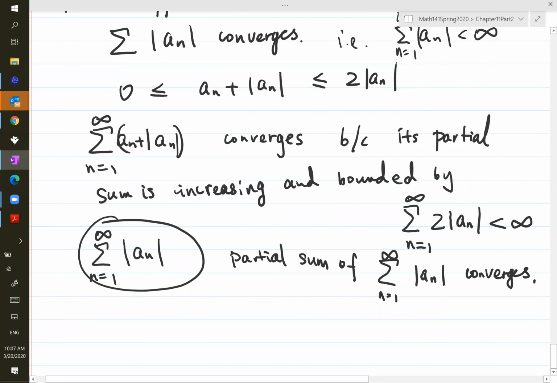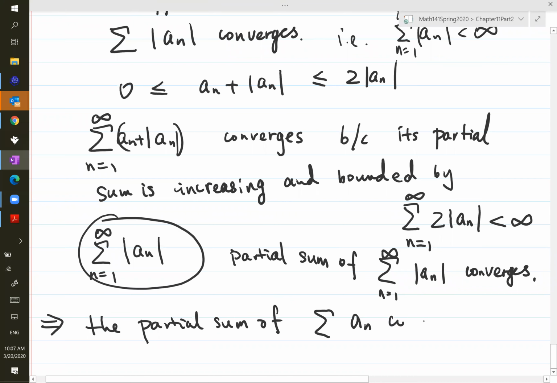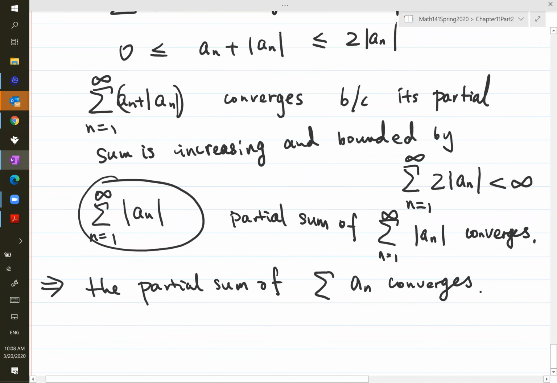So then we know this thing, the partial sum for this thing, this implies the partial sum of the series a_n actually converges. Because this partial sum is the partial sum of the others. Okay.